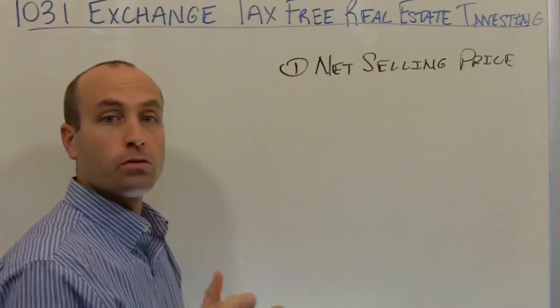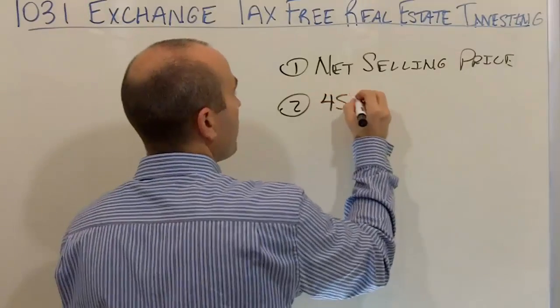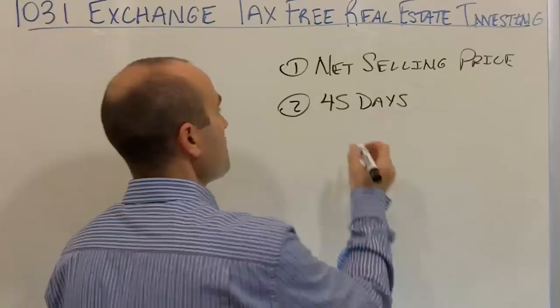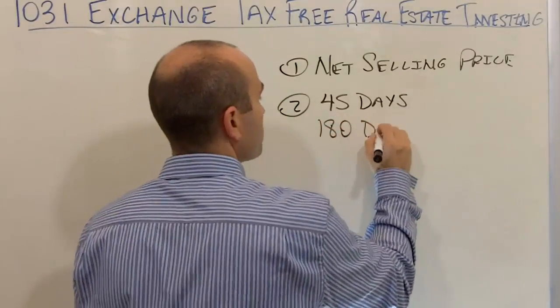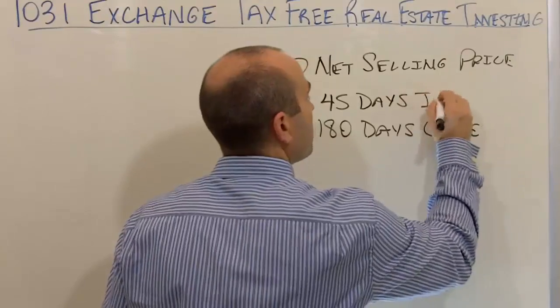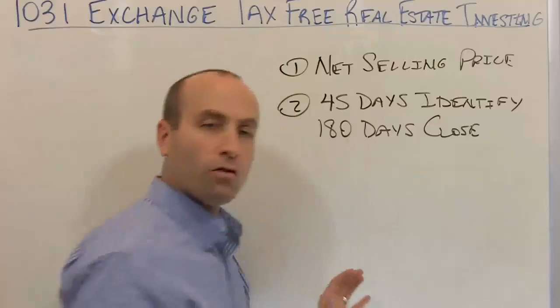Next is you've got to identify these properties, and you've got 45 days to do your initial identifying, and then you've got 180 days to close. So that's to close, and this is to identify. That means you've got to kind of be in the deal flow.